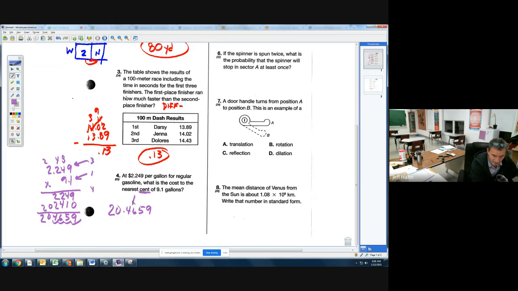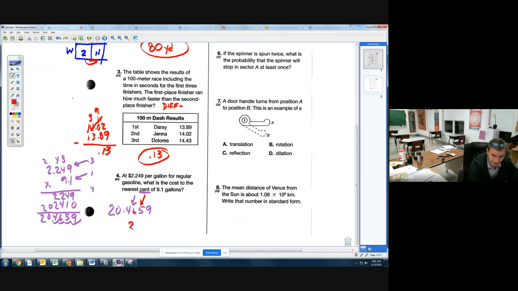This is the number I'm rounding right here. My answer is either going to be $20.46 or $20.47. What tells me which one that is? Well, it's the number next to the cent that tells you that. If this is 5 or greater, that's more than half of a cent, so you'd have to add 1 to that.